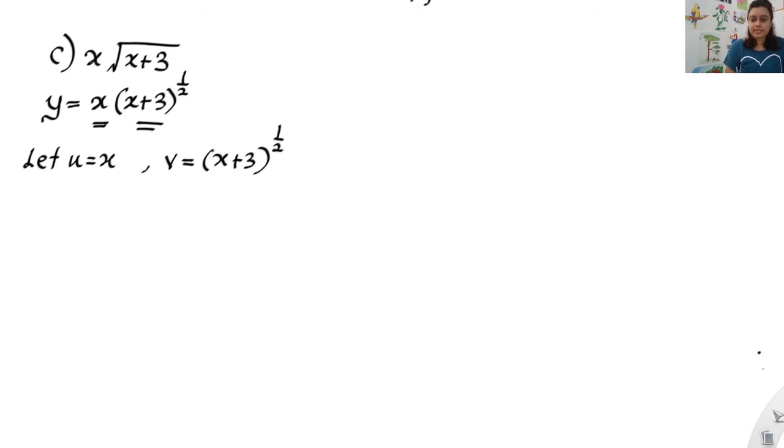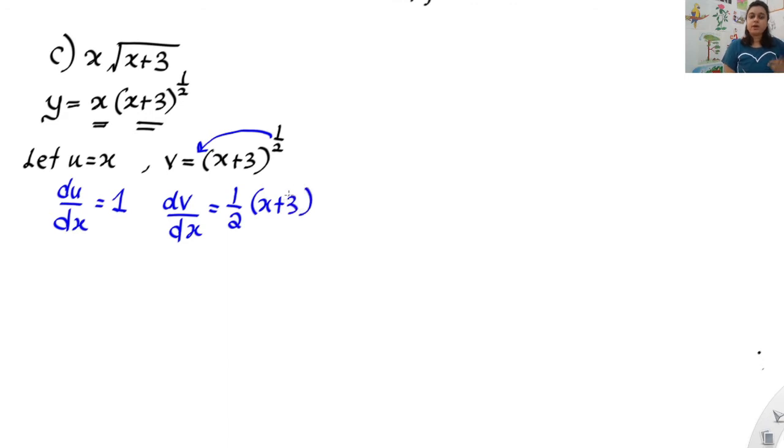Now, differentiate this. So du dx, you will get 1. Here, differentiate dv dx: you bring the 1 over 2 in front, so you'll get 1 over 2 times x plus 3, power of 1 over 2 minus 1, which is negative 1 over 2.